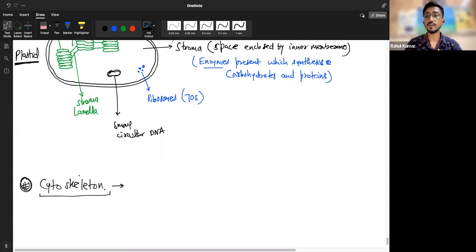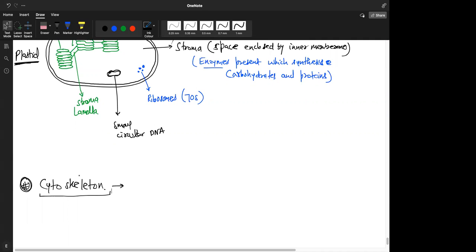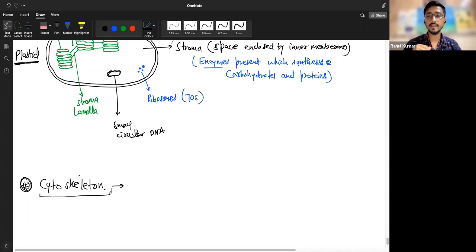For us, our skeleton is made up of bones, which is basically calcium carbonate based, and it is inside the body. So that's why it's called endoskeleton. We cannot see it from the outside. For an insect, I told you they have an exoskeleton, right? The thing that gives shape to their body is present on the outside, made up of chitin. Yes or no? Just some brush ups. If you crush that exoskeleton, the organism will die.